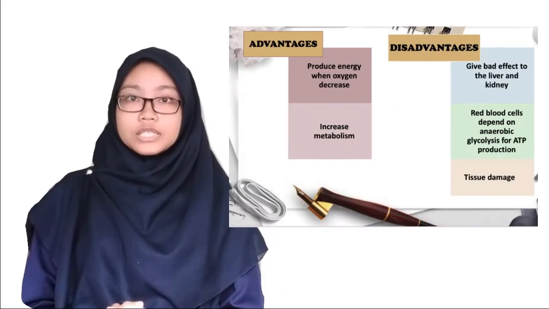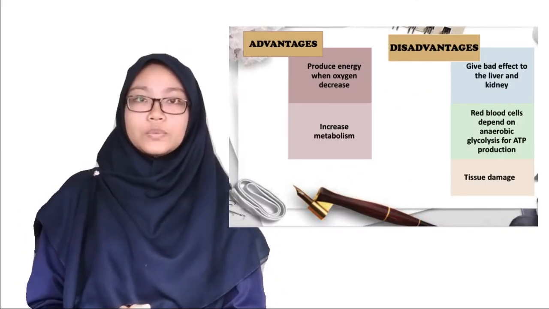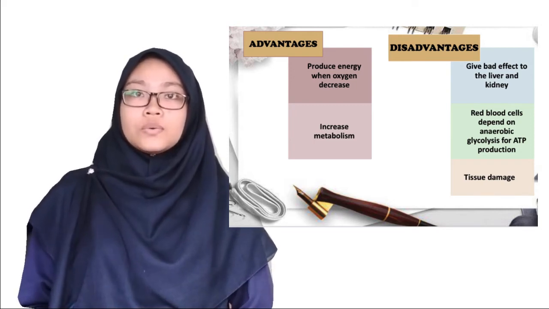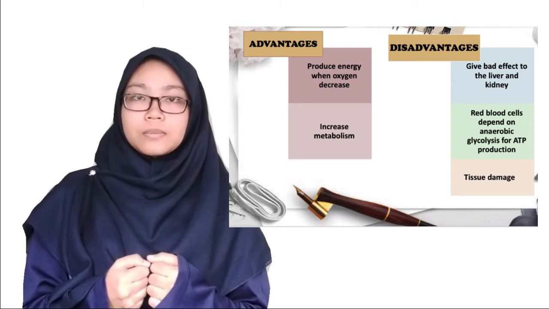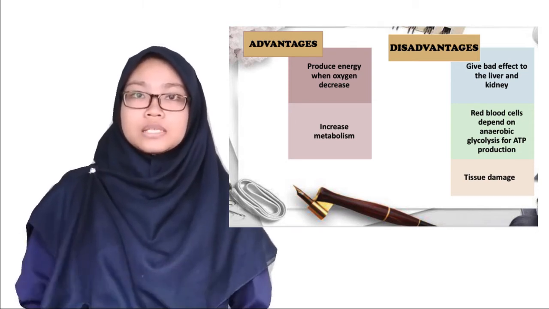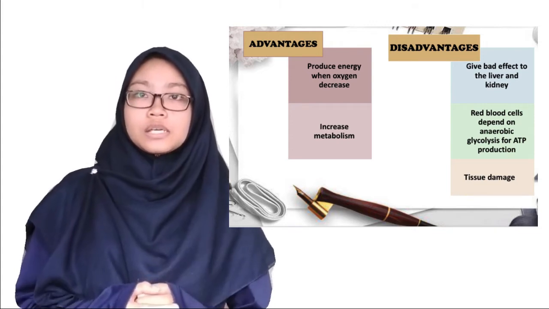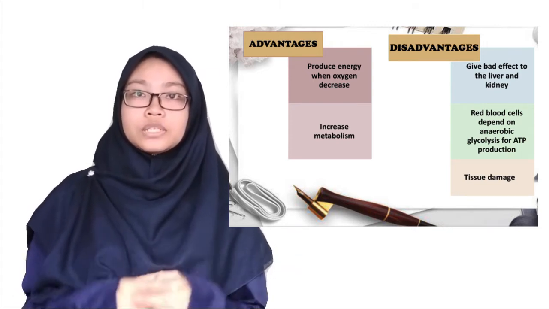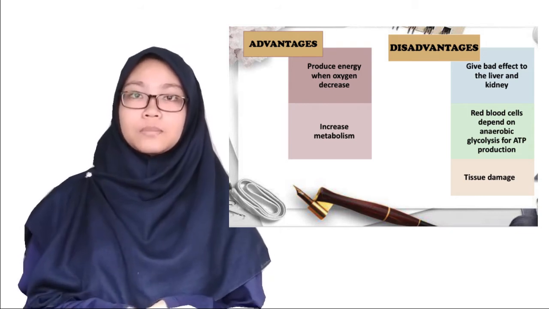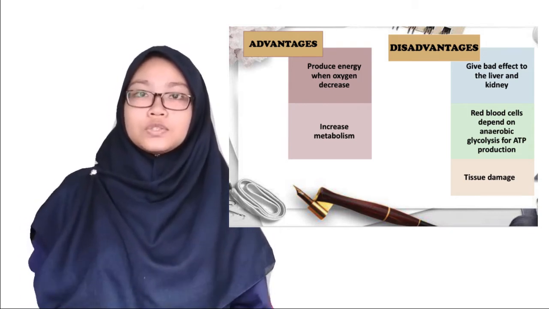The advantage of the Cori cycle is that it will produce energy when the oxygen decreases. When we do vigorous activity, the amount of oxygen intake decreases. Since the oxygen is insufficient, the glucose will be broken down through anaerobic metabolism to produce energy for the body.